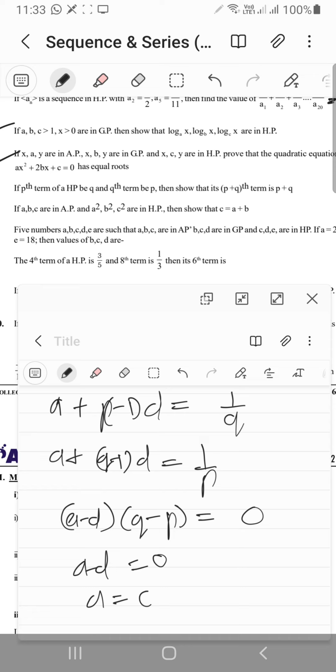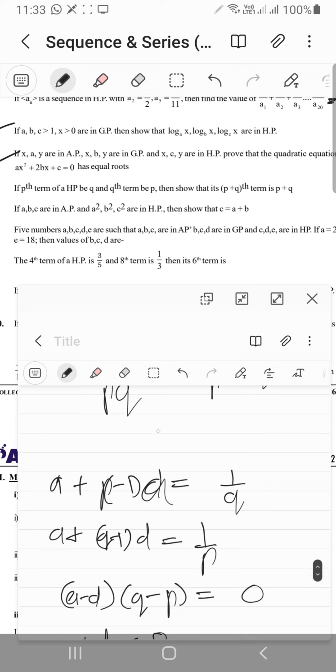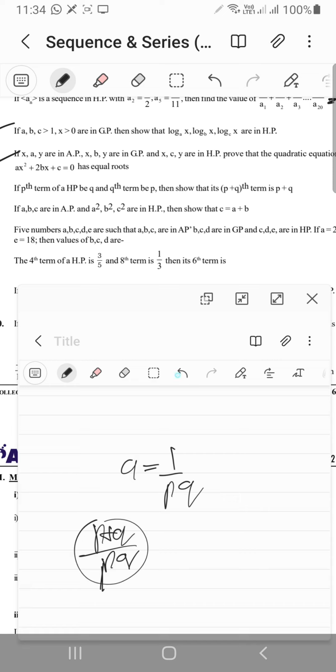So A equal to D, and putting D as A over here, P times A equals 1 upon Q. So A should be equal to 1 upon PQ, and then the P plus Qth term for this AP is P plus Q upon PQ. So the harmonic term corresponding to this arithmetic term would just be PQ upon P plus Q.